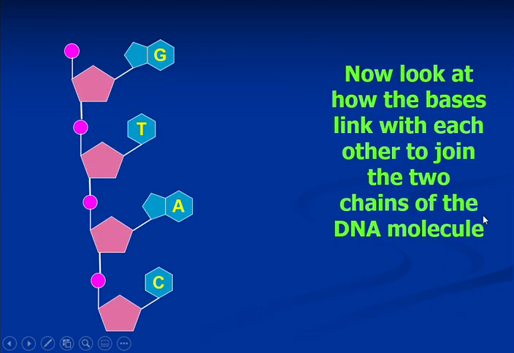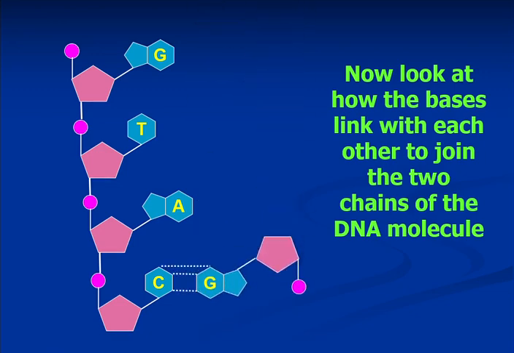So just to finish off, imagine this was our original polynucleotide that I showed you. This is 1. But now if I'm going to have DNA, I'm going to have 2. We're going to do this in complementary fashion. Starting from the bottom, if I have cytosine on one side, what am I going to have on the other side? I'm going to have guanine. And then they will link with hydrogen bonds.